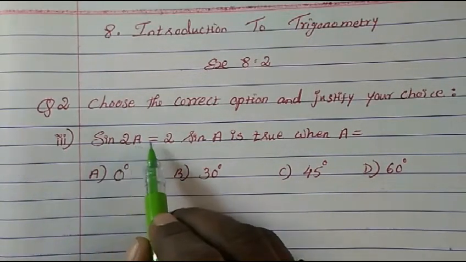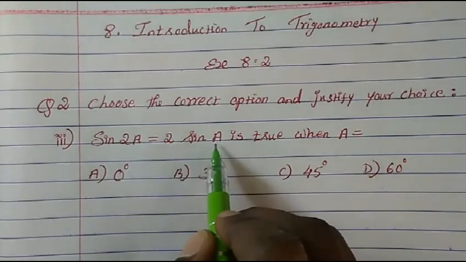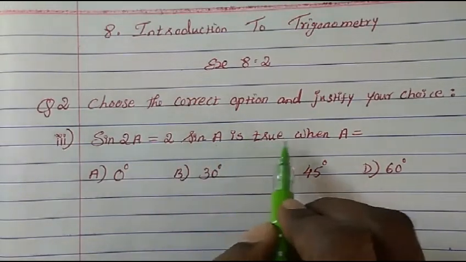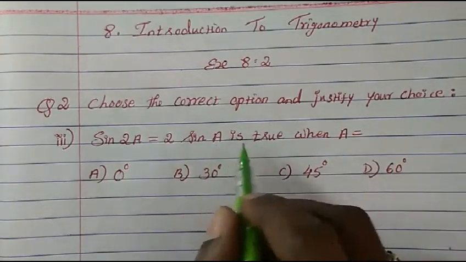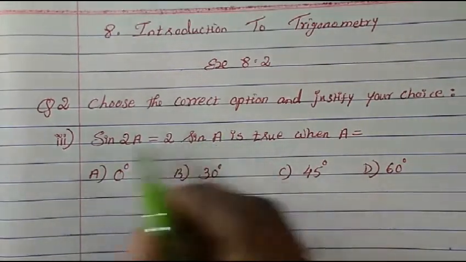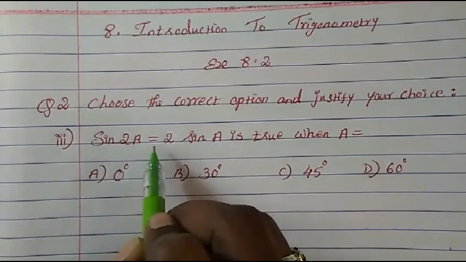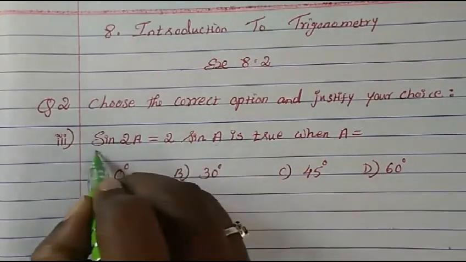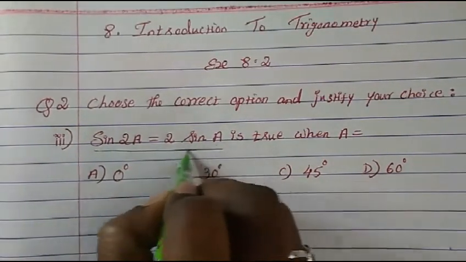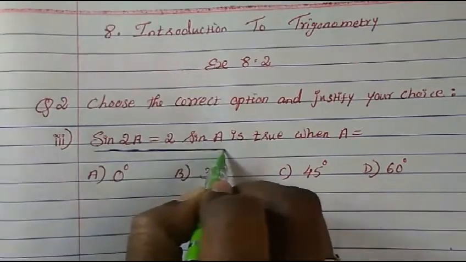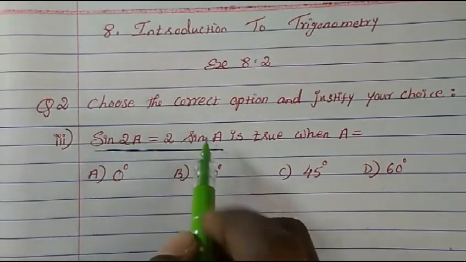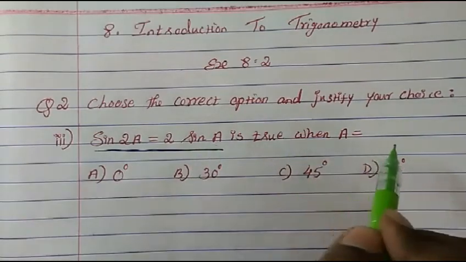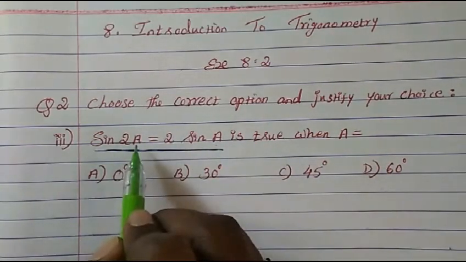Sine 2a is equal to 2 sine a. Is it true when a is equal to? It is asked whether it is true or not. So sine 2a is equal to 2 sine a, up to here only is your question. Sine 2a is equal to 2 sine a is true when a is, so that means a is actually an angle.